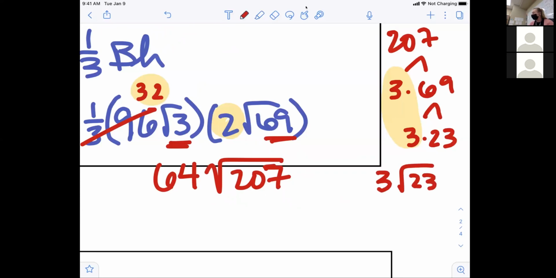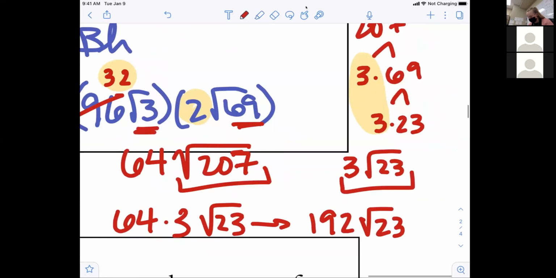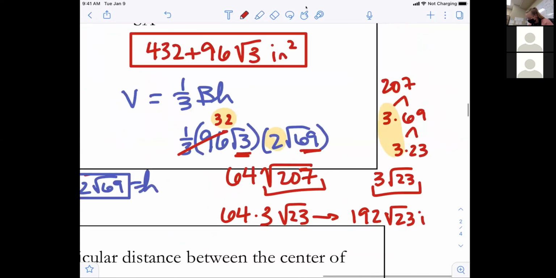And so I'm replacing all of root 207 with 3 root 23. I have to do one more step because I got to do 64 times 3 before I'm all the way done. That's 192 root 23, and this would be something inches cubed. Whew, that was a bit of a problem.